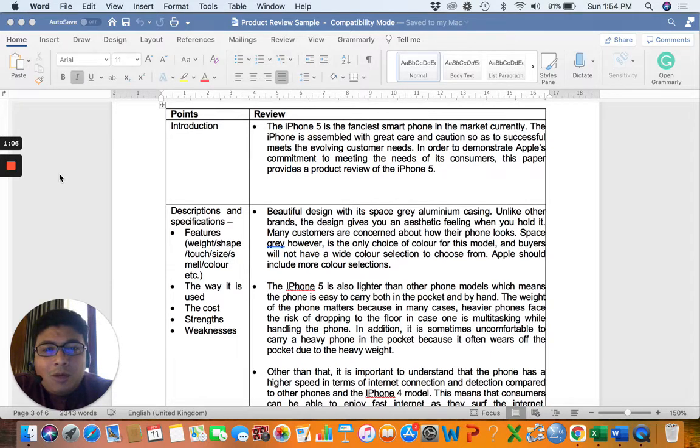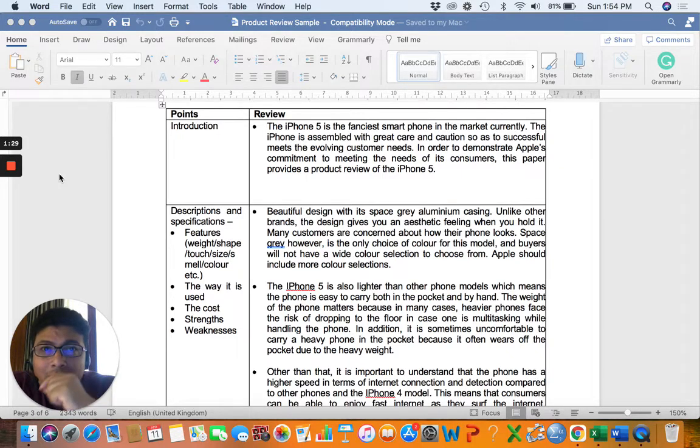So when we are doing a presentation, it is also important for us to have these features, for us to follow the format properly to make sure that our presentation is well arranged and easily understood by people.